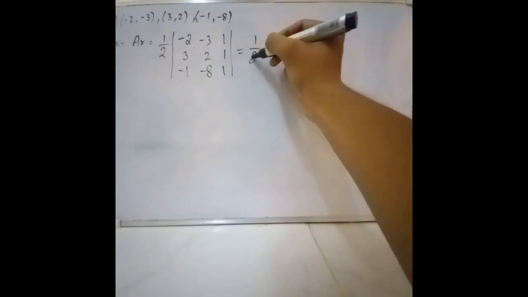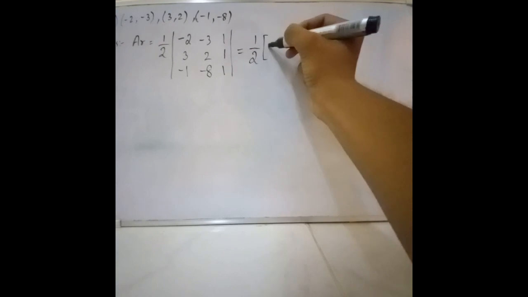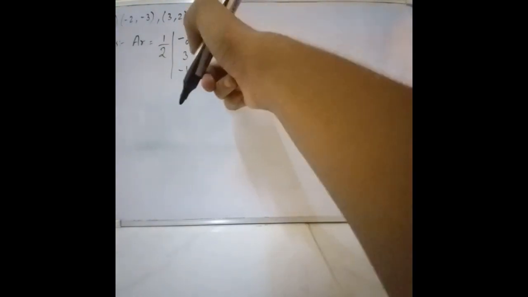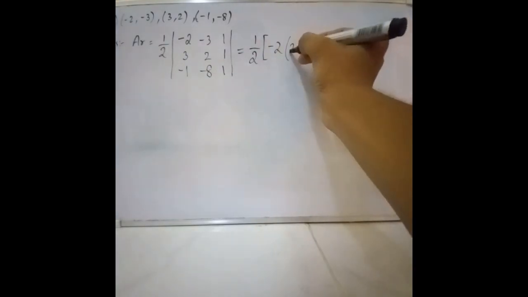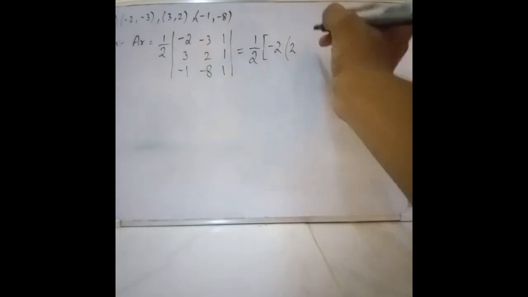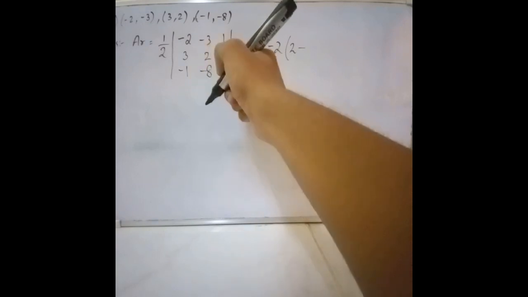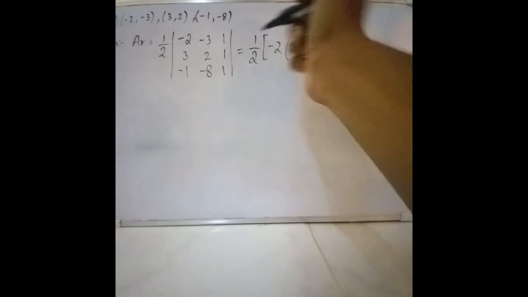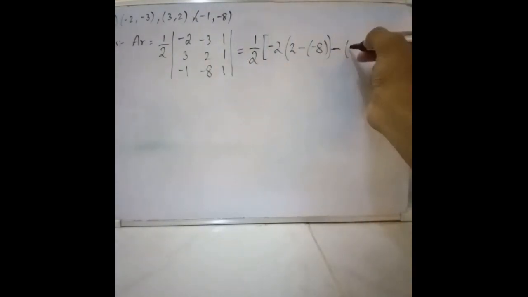Half times the first element -2, then the determinant of these 4 elements: 2 into 1 would be 2, minus -8 into 1 would be -8. Then the second element has to be negative, and with one more negative it's -3.